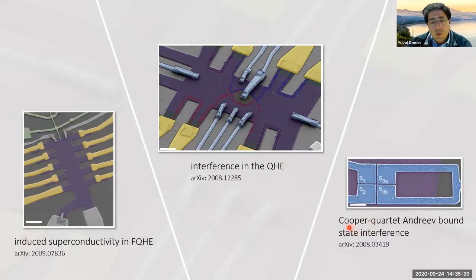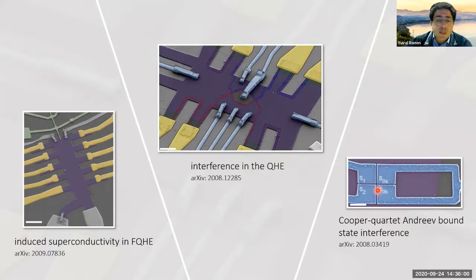Another project that we were working on is Cooper quartet Andreev bound state interference. Here the device is simpler. These are 4 superconducting contacts on top of graphene, and it creates a multi-terminal Josephson junction. Inside this multi-terminal Josephson junction, there are resonant Andreev bound states that live inside this junction.